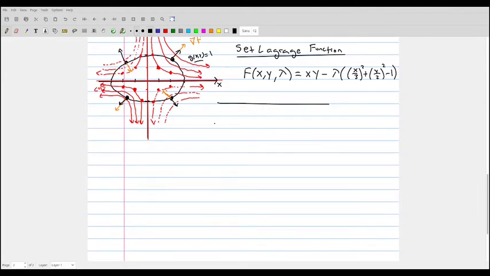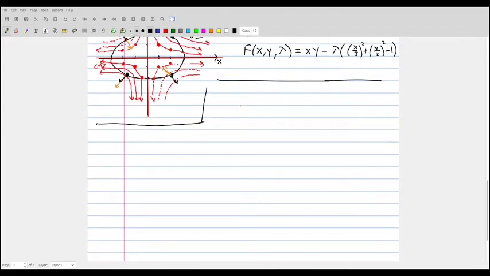Once the Lagrange function is set, then we can follow our optimization procedure for this Lagrange function. What that involves is solving for the critical points of the Lagrange function, which will give us equation 1, which is that the x partial derivative of capital F should be equal to 0.